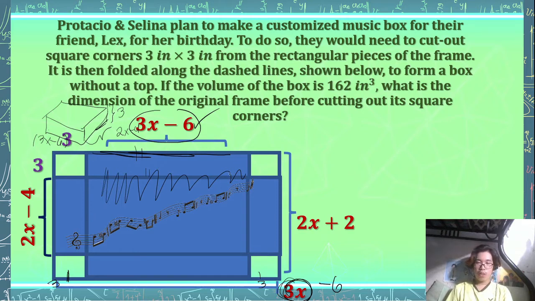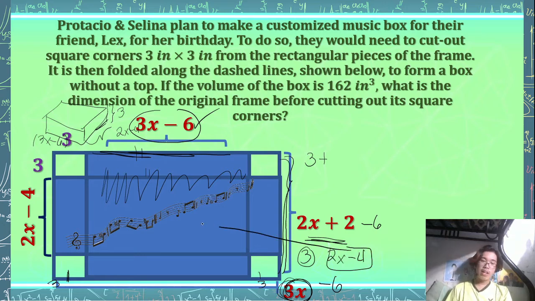And for this one, the entire length of this side is going to be equal to 2x plus 2. If this side is equal to 2x plus 2, and we know that this is 3 and this is 3, if we add that, that's going to be equal to 6. If we subtract 6 from that, that's going to give us 2x minus 4.